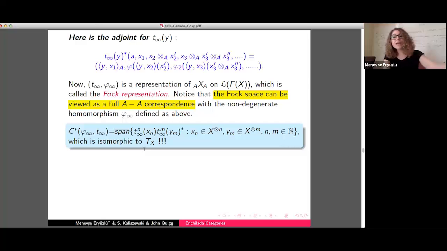So from now on, for the entire project, whenever we take an element from a Toeplitz algebra, this is how the elements look, or the linear span of these kinds of elements. Notice that the Fock space is a right Hilbert A-module. And also by using this injective non-degenerate homomorphism, we can view Fock space as an AA correspondence.